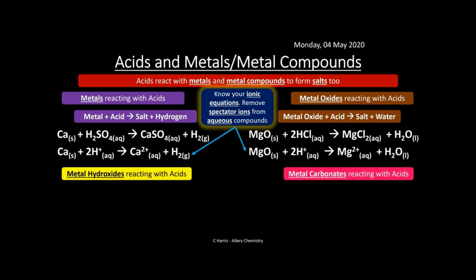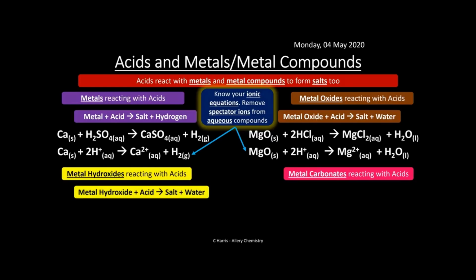You can't split them up. The only things we can break apart into ions are anything which has (aq) next to it. So they're aqueous substances, anything dissolved in water. So that's why the chloride here and the chlorine here, there's no difference, there's no change there. Whereas from the magnesium there is, we're going to form Mg2+, and obviously the water is produced as well. But again, we don't split water for that same reason.